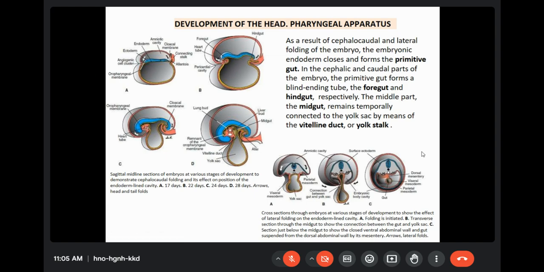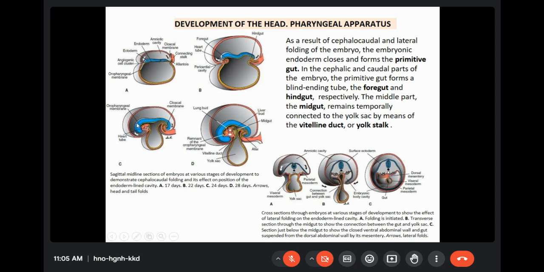This process happens both in the cephalocaudal and the lateral direction. It means that here, as you can see, the process goes as these arrows show.